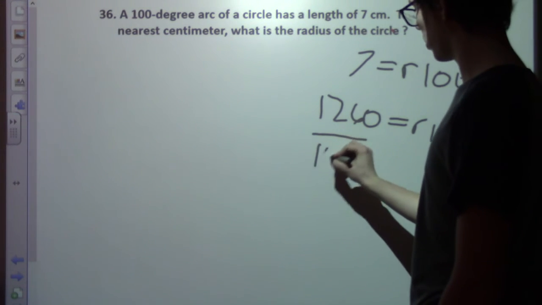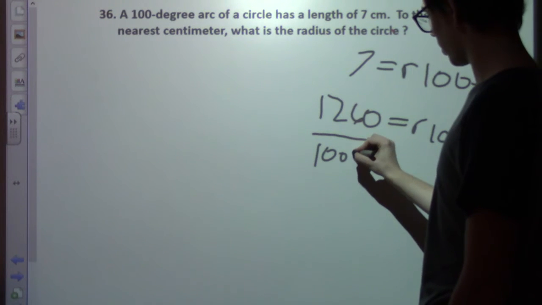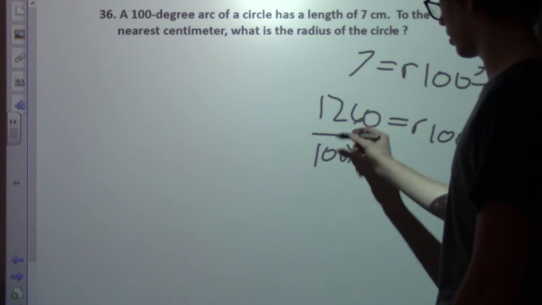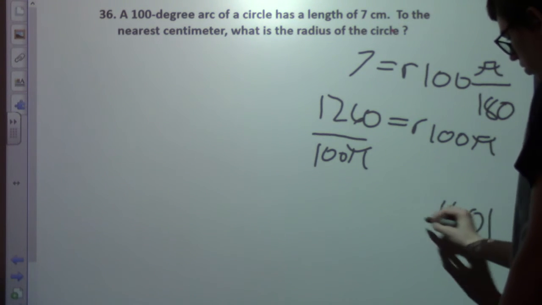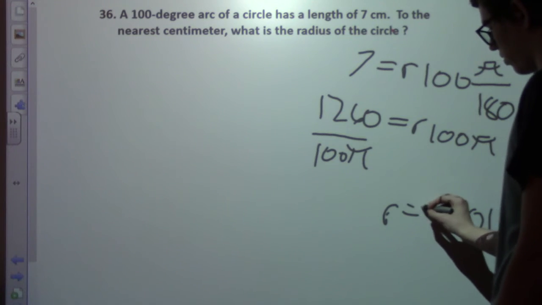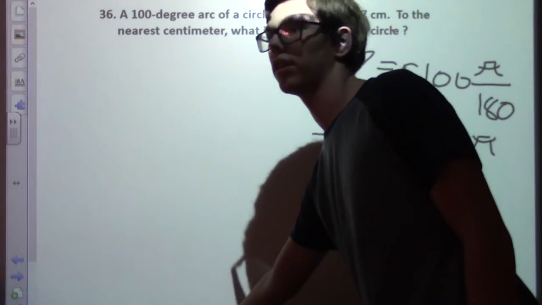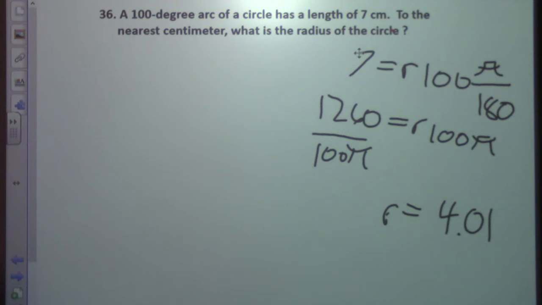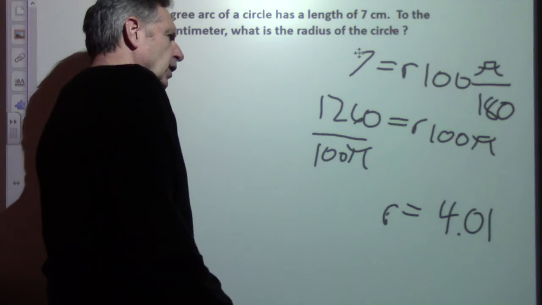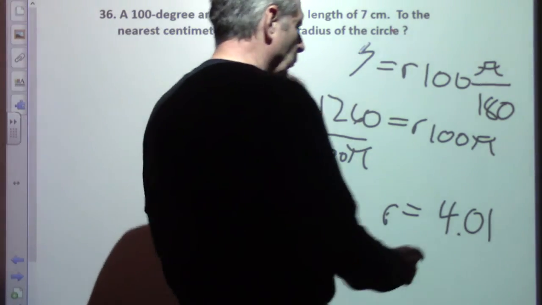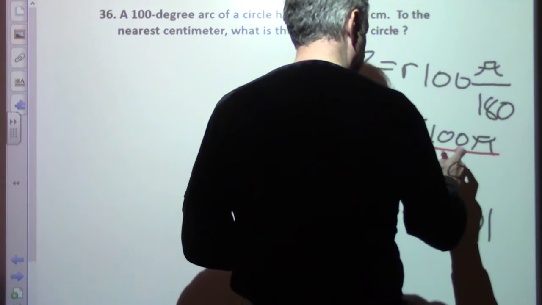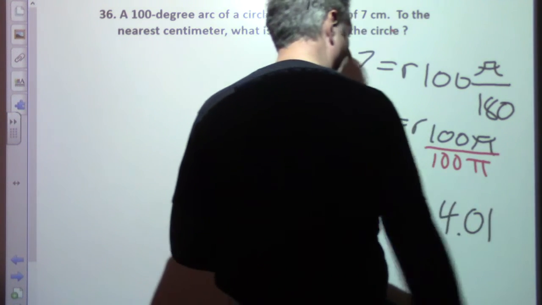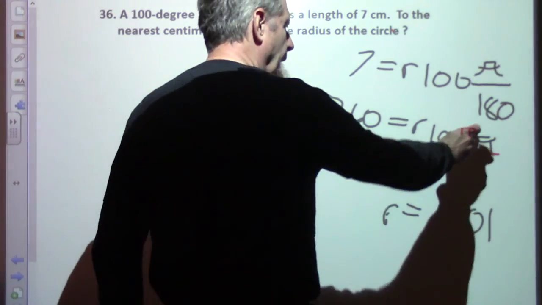We do the 180 because it's in degrees, 100 degrees. Yeah, but it was already your radius. Okay, now he's using the formula, divide and cancel out.